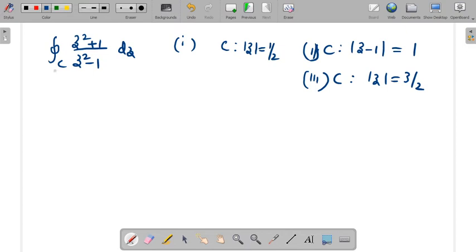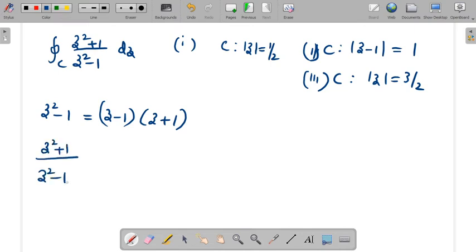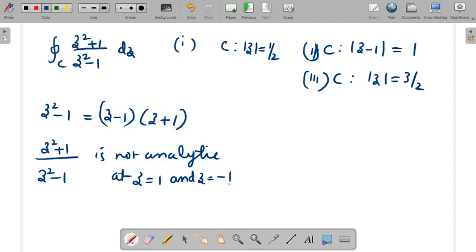So look at this function z square plus 1 divided by z square minus 1. Obviously, the denominator is not in the form z minus a, but you can write z square minus 1 as z minus 1 into z plus 1, right? So the given function is not analytic at z equal to 1 and z equal to minus 1.